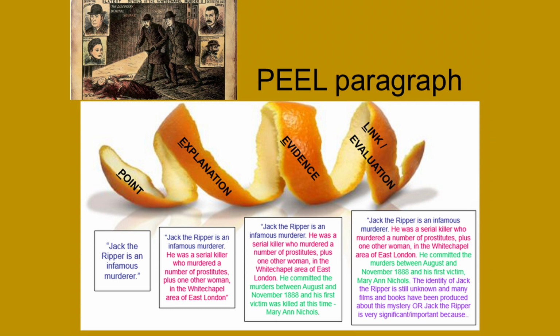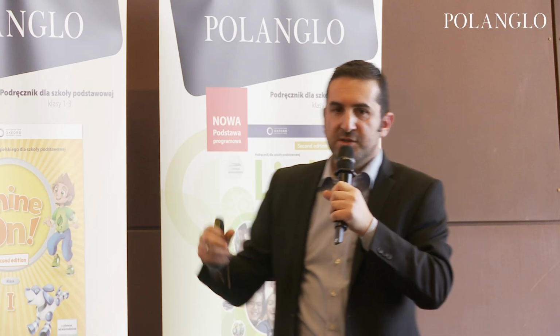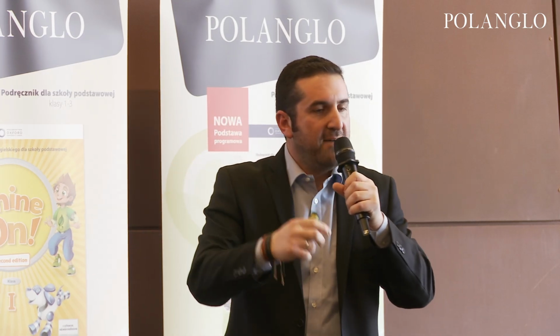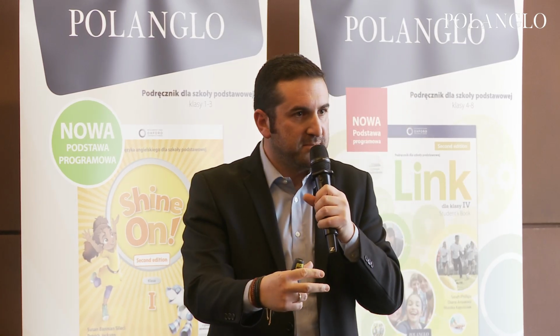And the last student, who makes links and evaluates: The identity of Jack the Ripper is still unknown, and many films and books have been produced about this mystery, and so on and so forth. So at the end, they all have the same paragraph written in their notebook.